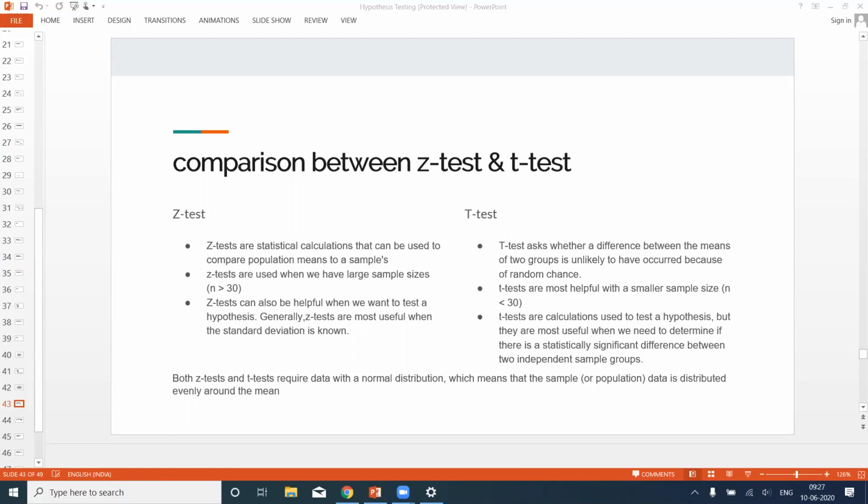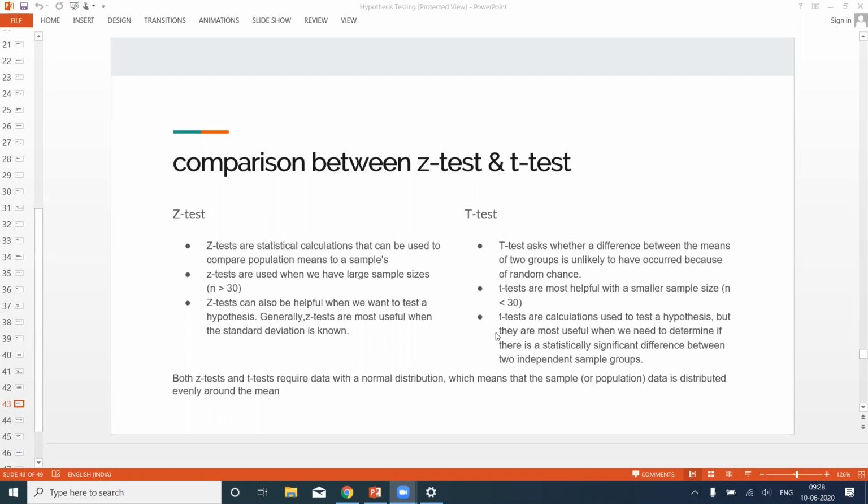Clear? Z tests work when you have the availability of one of the population parameters in the formula. If you don't have it, we go ahead with the T test, as we saw before during interval estimation, if you remember.